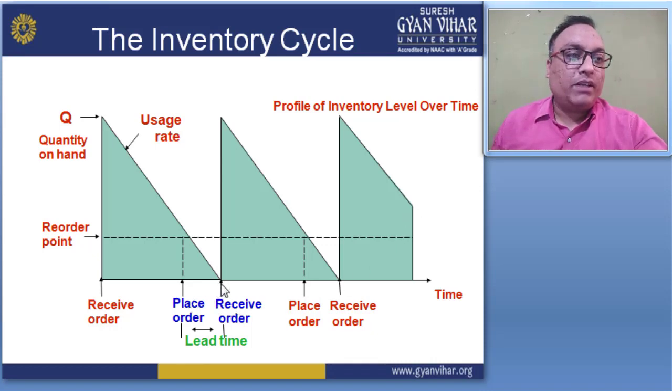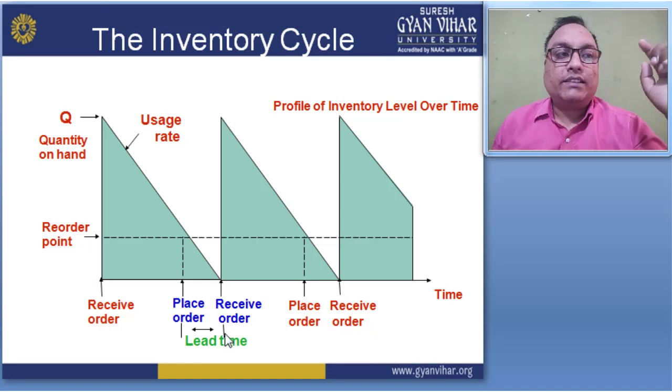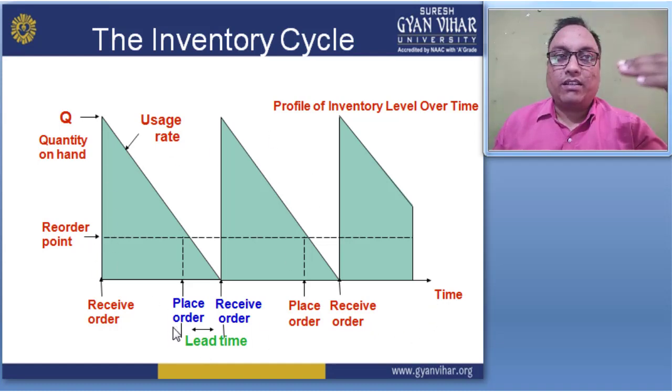This point shows the receipt of the order, and the time between placing the order and receiving the order is called the lead time. This is the place order, this is the receive order, and the graph shows how much time is taken to reach the reorder point, the place order point, and the receive order point.